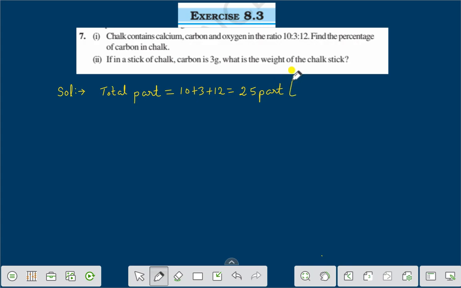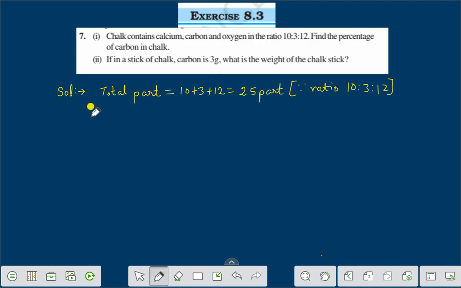Since the given ratio is 10 is to 3 is to 12, that means out of this, 10 parts are for calcium, 3 parts are of carbon and 12 parts are of oxygen.